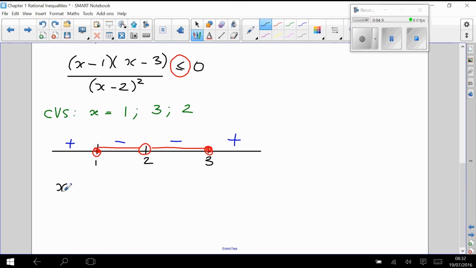In other words, if I read this off from left to right in interval notation, I'm going to use all x values starting and including 1, going up to 2, excluding 2, or starting at 2 and going all the way up to 3, but including 3. I have now found all the values where I would have negative y values or zeros for this particular rational inequality.